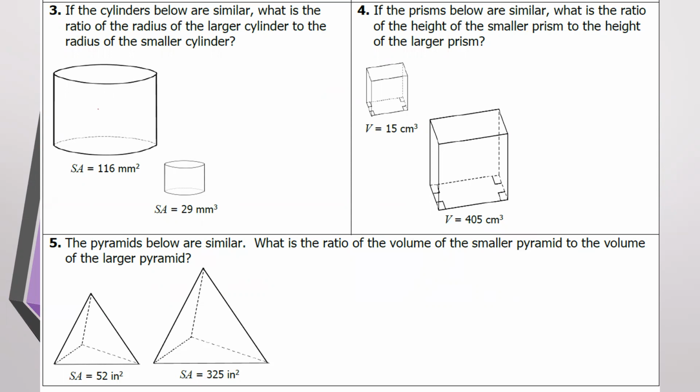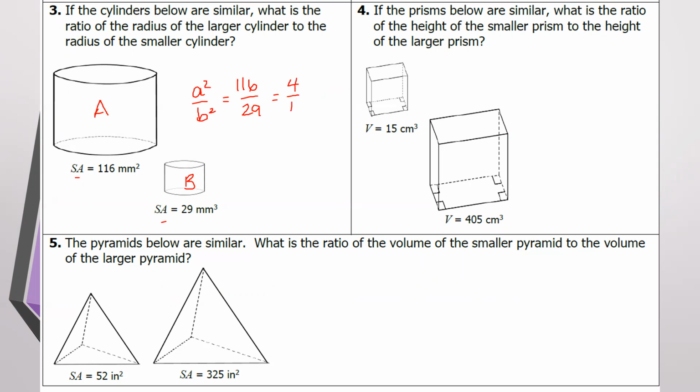So that means I start with my larger cylinder, so this is A, and go to my smaller cylinder, B. They give me surface area, so they're giving me A squared over B squared. The surface area of the larger one is 116, and the surface area of the smaller one is 29. Reduce that fraction. You can do that in Desmos or your calculator. That reduces to 4/1.